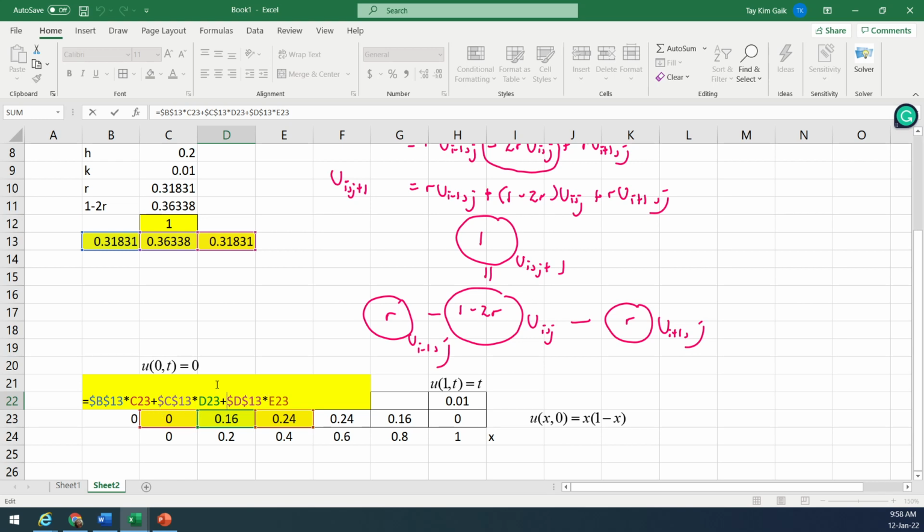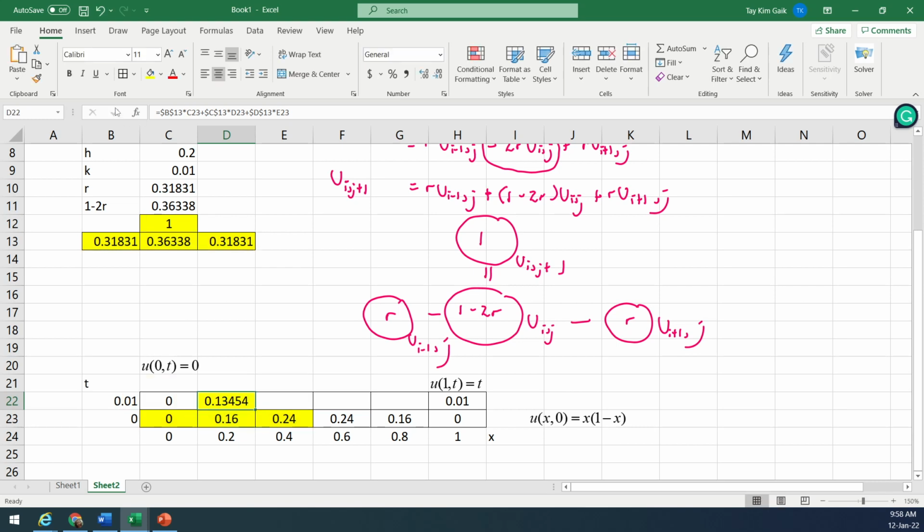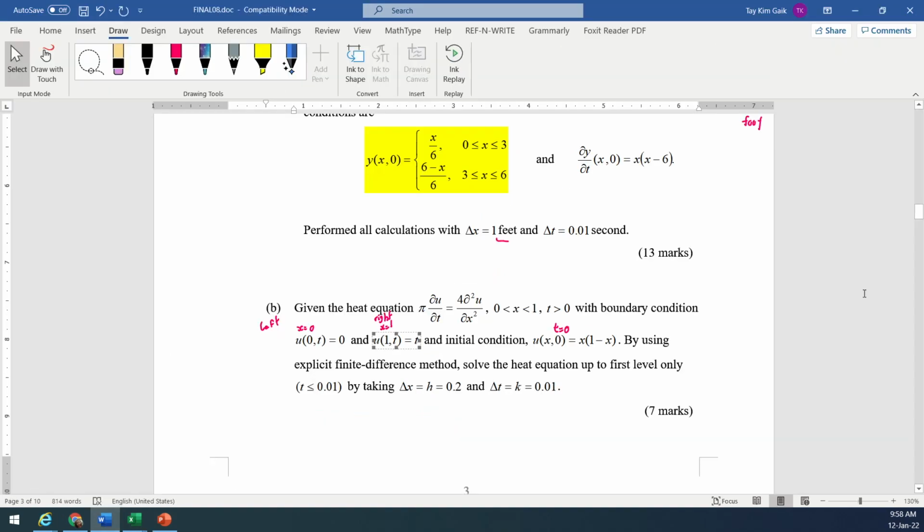We key in at column D, D22, bottom is row 23, so correct. So this is B, the BCD row 13, correct. Then just drag it. So done. One question.